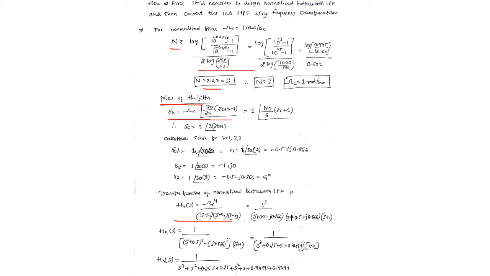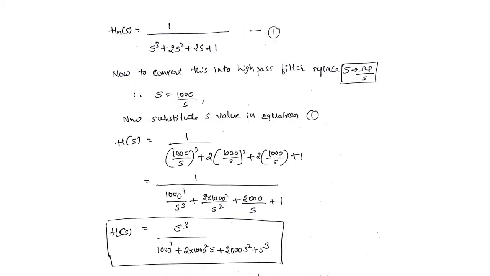Omega c is 1 radian per second, n value is 3, s1, s2, s3 values will be substituted and simplify. After simplifying, we'll get Hn of s equal to 1 upon s cube plus 2s square plus 2s plus 1. Now to convert this into a high pass filter, we are supposed to replace s by omega p by s.